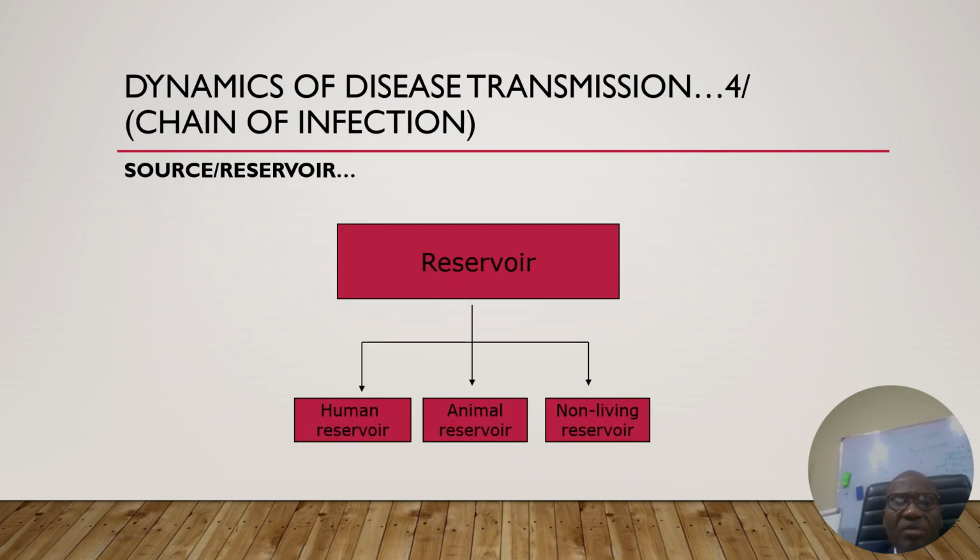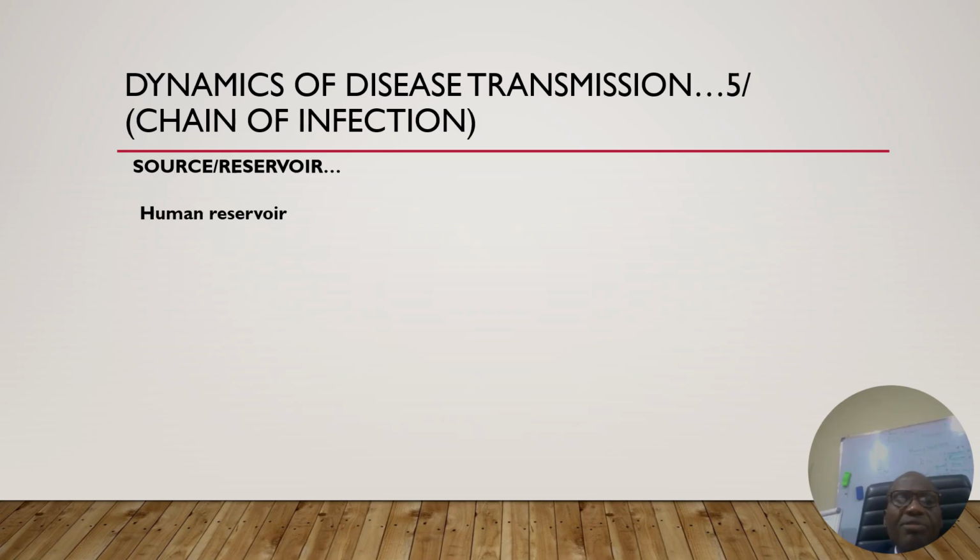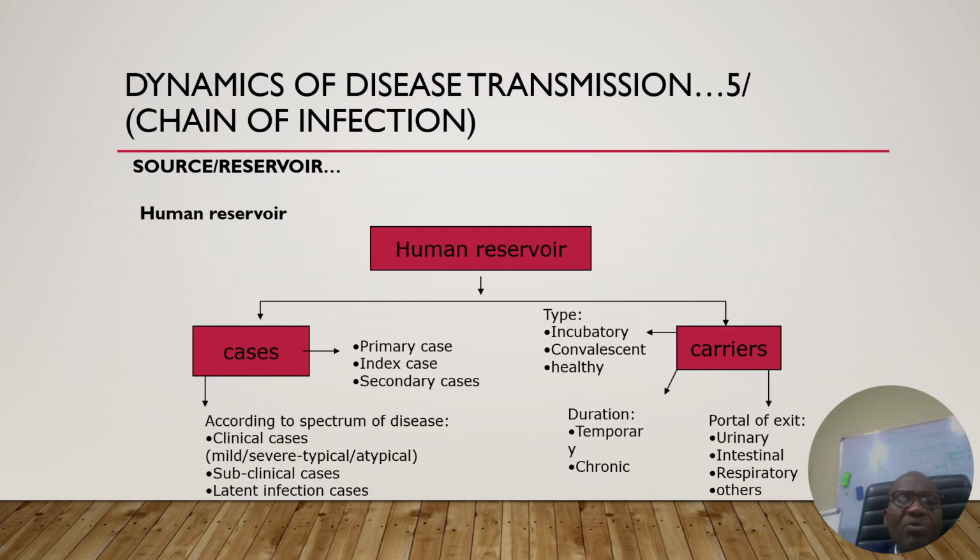It's good to know the different types of reservoir: human reservoir, animal reservoir, non-living reservoir. For the human reservoir, we look at cases, people harboring the organisms. It can be a source of a reservoir, or carriers, or cases. You have a primary case, the index case, and then the cases that emerge from the index case.